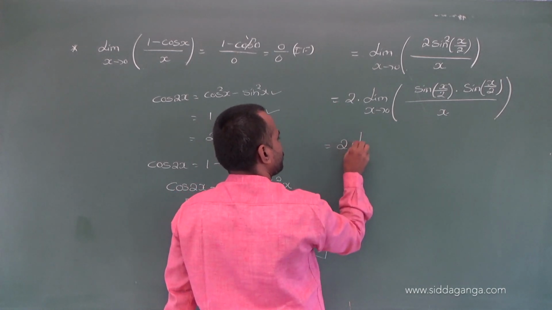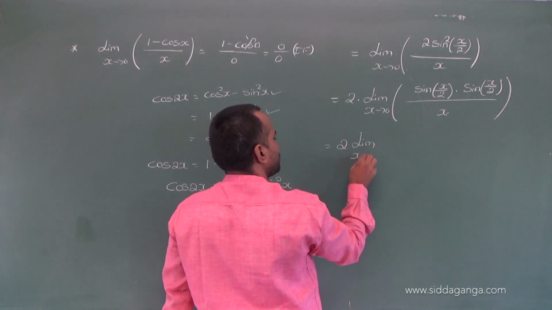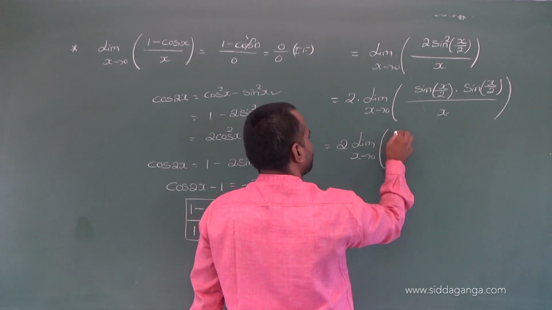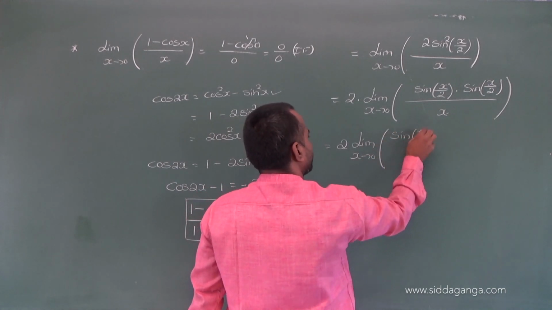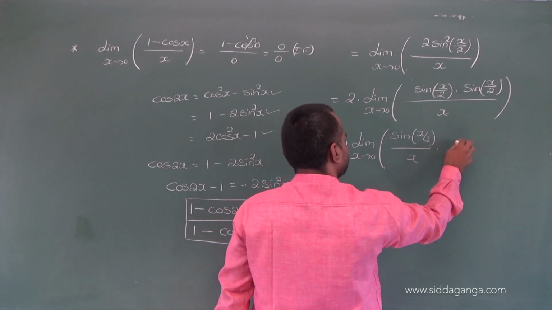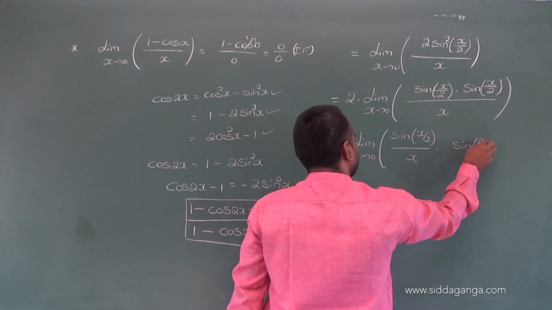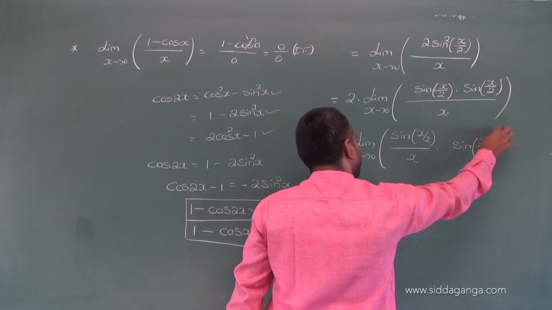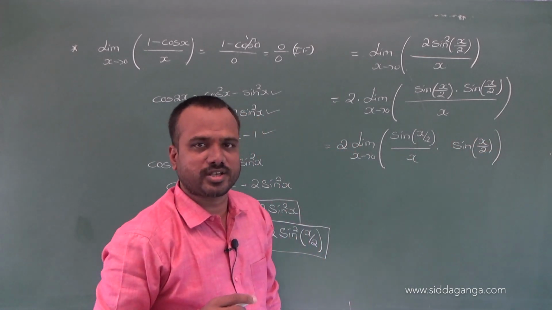2 into limit x tends to 0 of sin x by 2 by x into sin x by 2.